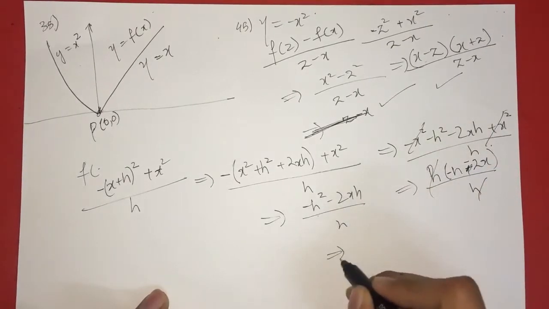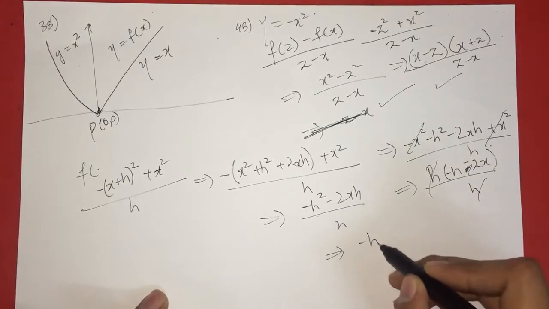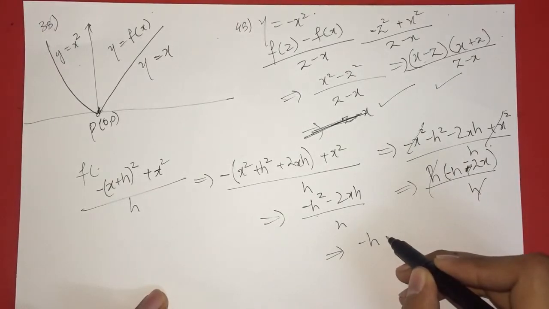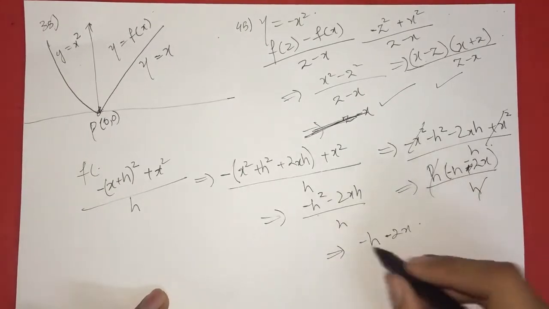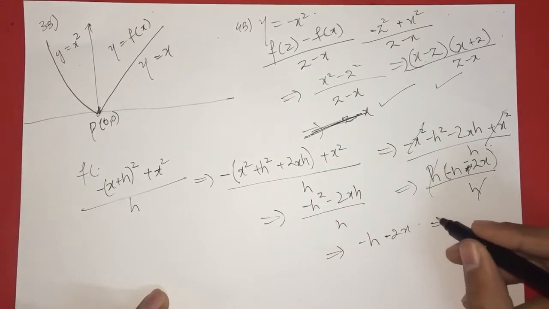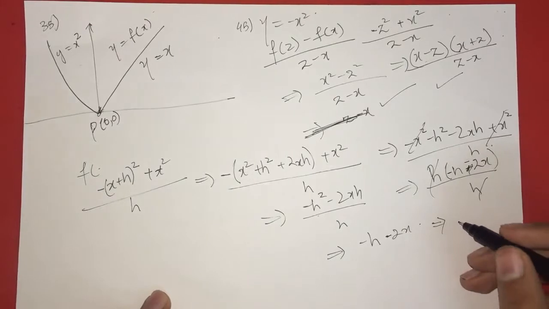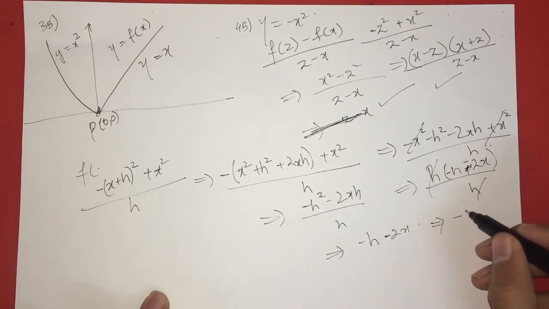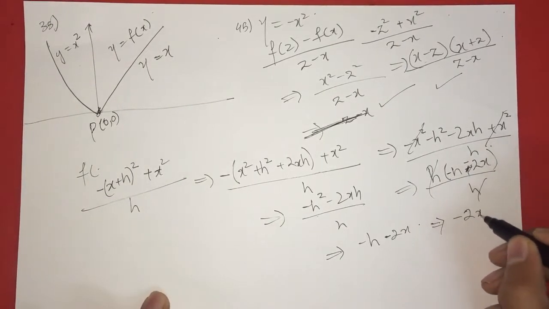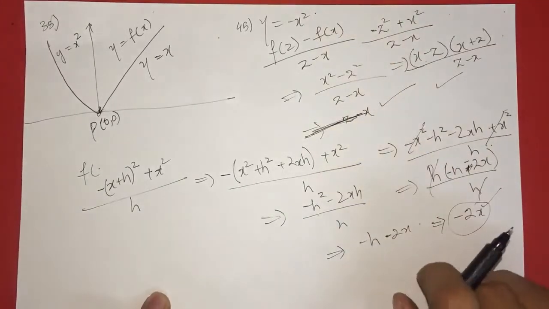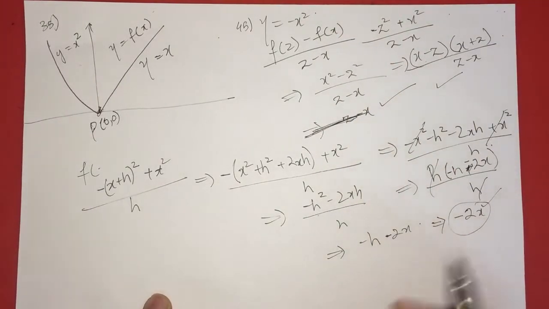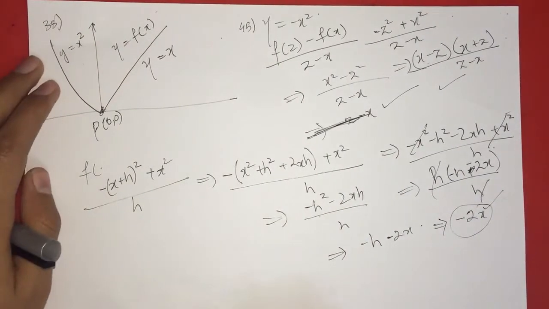So what you're left with is minus h minus 2x. So if you apply the limit and put h equals 0, so minus 0 minus 2x, what you're going to be left with is minus 2x. So this is the derivative of this function, and what they want us to do next is to graph these two functions side by side.